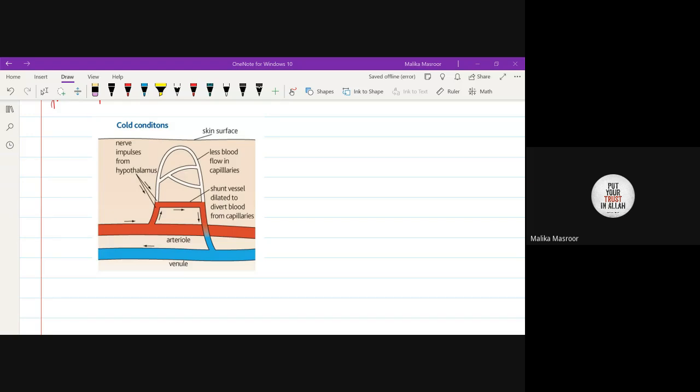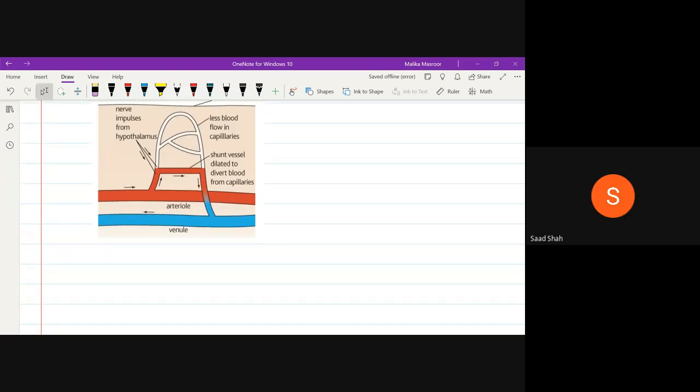Okay, anyone else any questions? Why isn't there any damage to the skin cells? Why will there be damage to skin cells? They will receive less nutrients. No, it's not about that. The point is it's not like no blood is going.